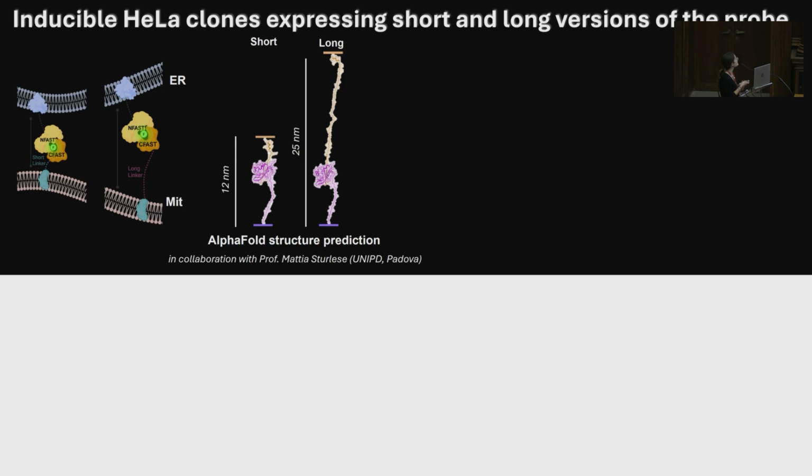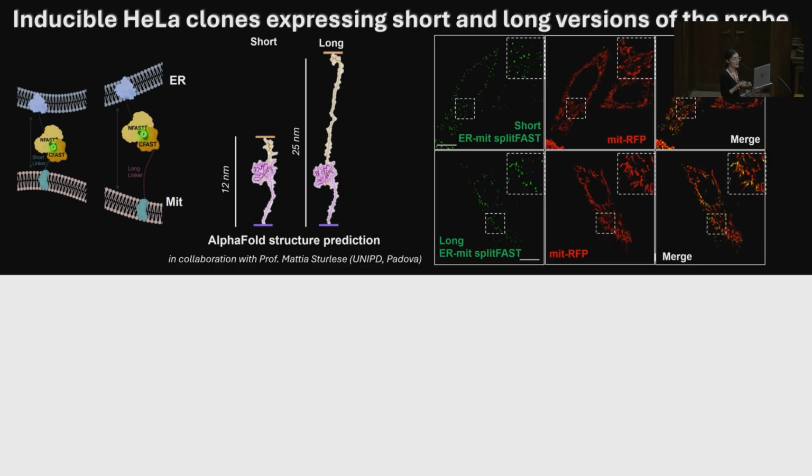We liked the system, and we generated two versions of the probe, a short and a long version that are able to visualize shorter and longer contacts between the organelles. And we generated inducible stable clones expressing the two versions.